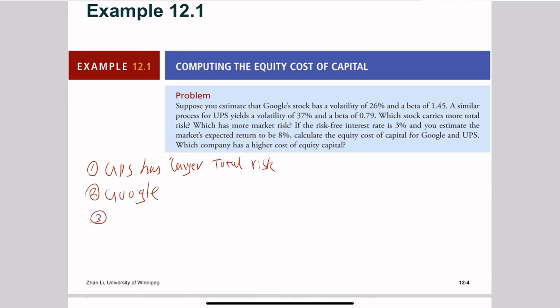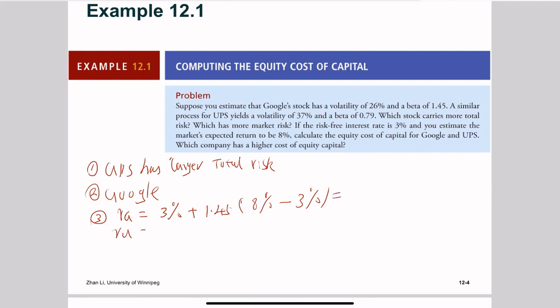Third, which firm has a higher cost of equity capital? To answer this, we have to calculate the equity cost of capital for Google and UPS. So the cost of capital for Google equals the risk-free rate, 3%, plus beta times the market return minus risk-free rate.